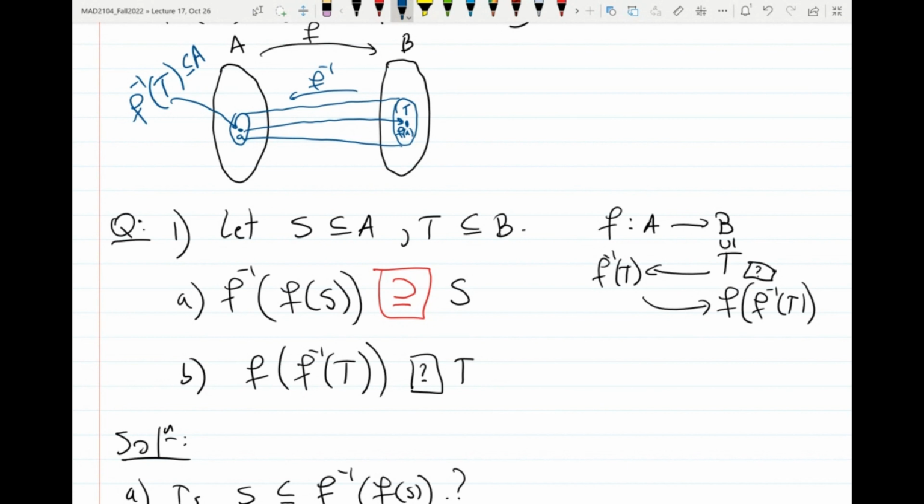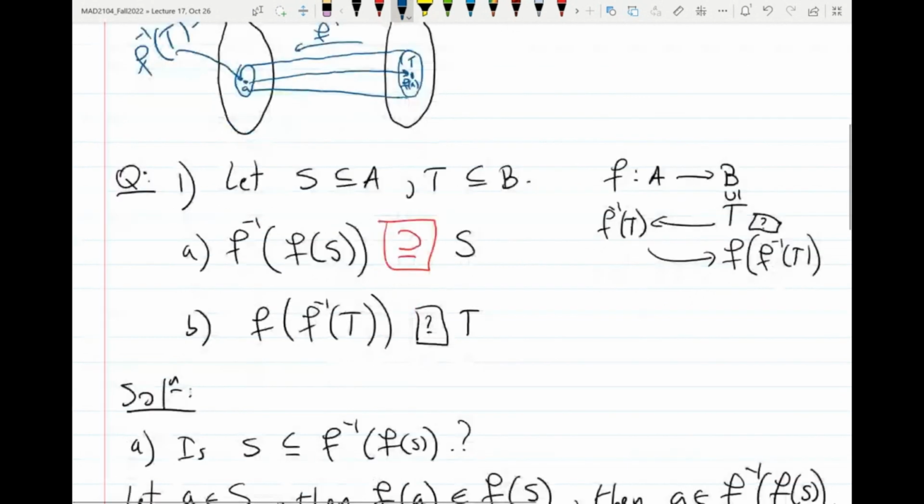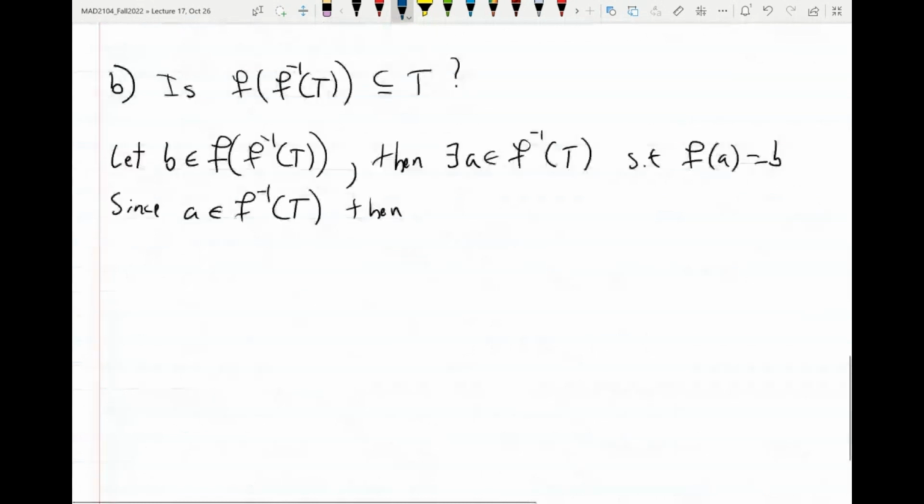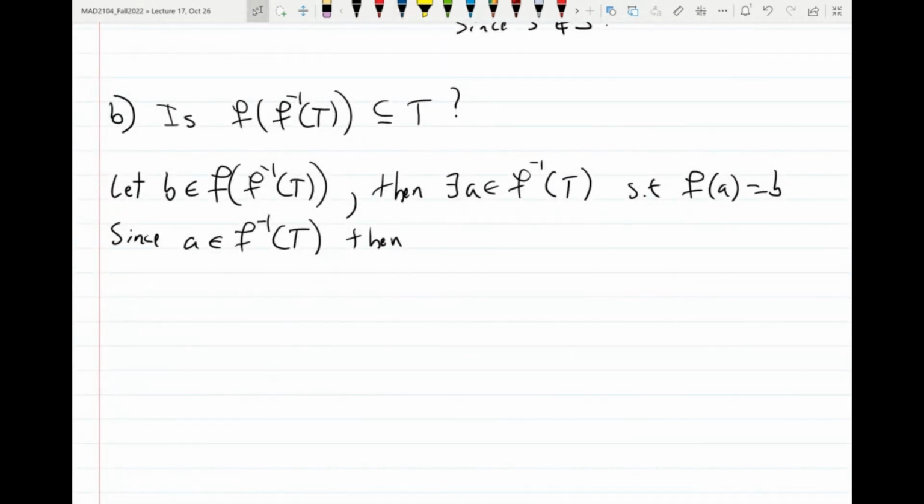So this little a being here means that if I do f of a, it's going to go into T. So since a is in the inverse image of T, if I apply f to it, which by the way, what is that? What's f of a? What is it equal to? b. I mean, that's how we found the a, right? It's a pre-image of b.